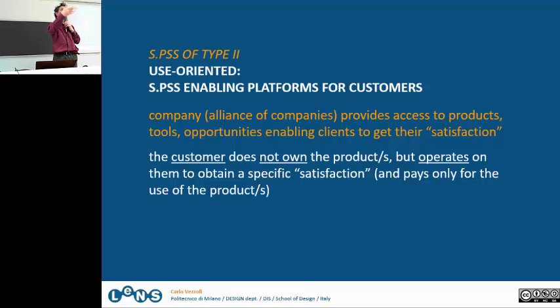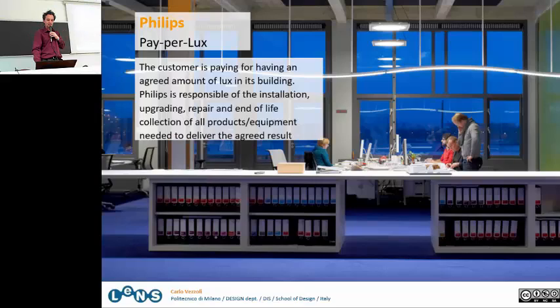So it's an enabling platform. It enables you to use the car or the washing machine. Even that was an enabling platform. We will see another one, which is not an enabling platform. And the ownership, by the way, remains with the company providing the service or product service system.